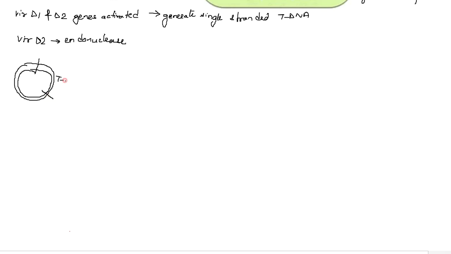If this is a Ti plasmid, we say double stranded Ti plasmid, this vir D2 is going to cut the phosphodiester bond. After it is cut, it remains covalently attached to the nicked tDNA.